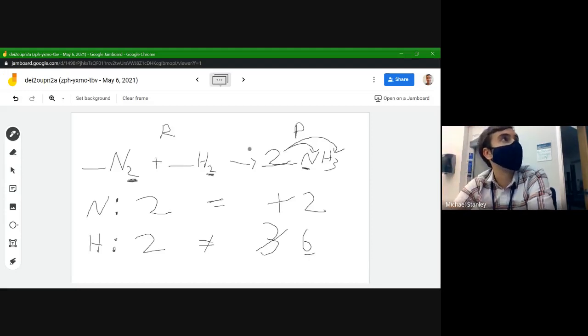So can we do something over on the reactant side that'll give us 6 hydrogens? Is there any way we can mess with the coefficients over on the reactant side to give us 6 hydrogens instead of 2 hydrogens?